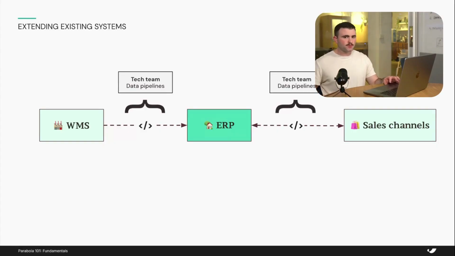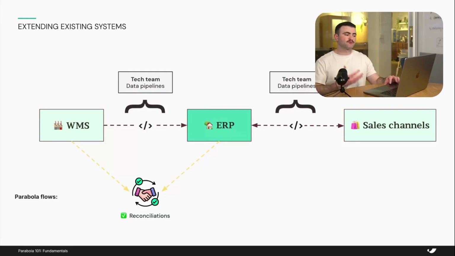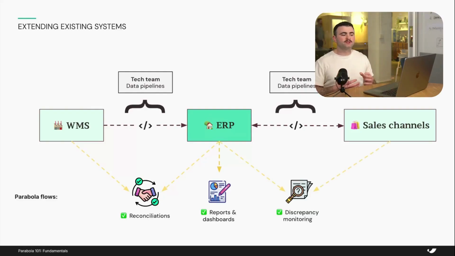None of that changes with Parabola, but what does change is everything that happens between systems and outside of systems. Instead of continuing to export CSVs and work manually, now you have Parabola flows set up that are live integrated with your systems and automate things like reconciliations, allow you to extend reporting functionality with custom dashboards and visualizations, and also notify you when discrepancies exist across these systems.